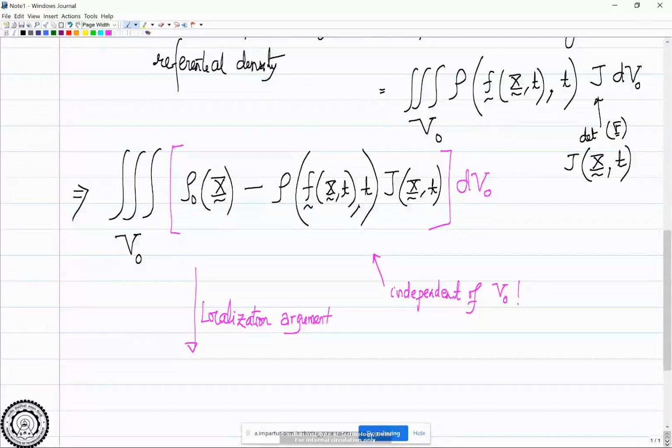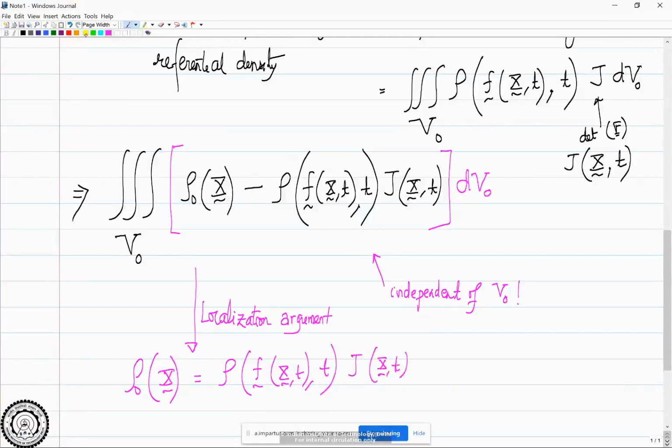Okay, so what this says is then that rho naught of capital X is equal to rho of F of capital X comma T into J of capital X comma T. Okay, so we can put it in a box.